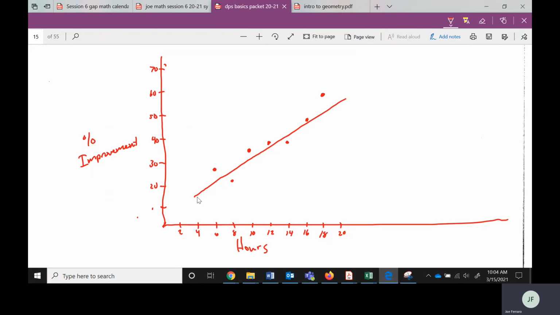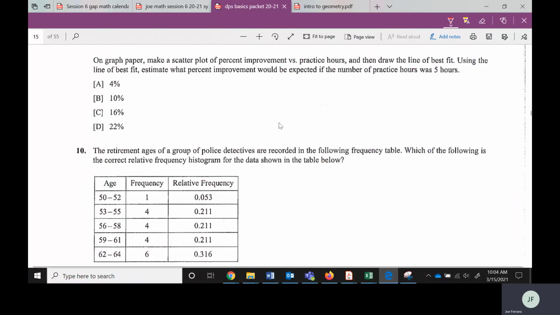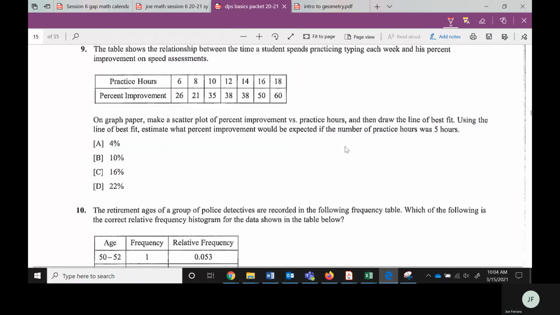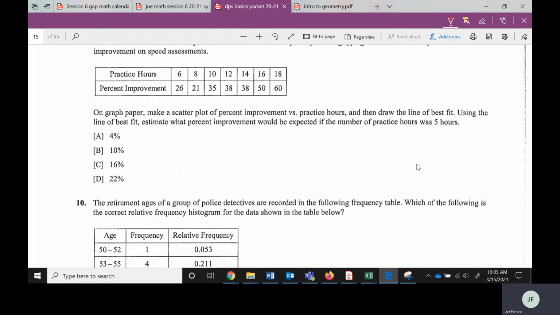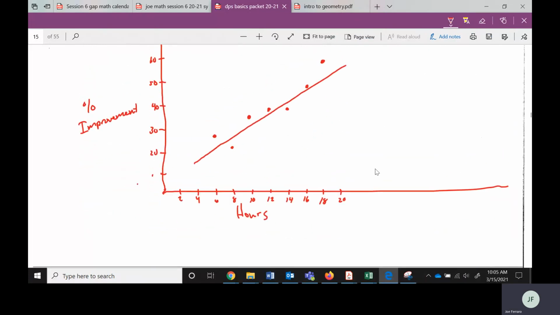Now, what they ask now, I could have probably continued the line a little farther this way and that way. It says, estimate what percent improvement would be expected if the number of practice hours was 5 hours. So if you practice 5, you go up to your line and then go over.